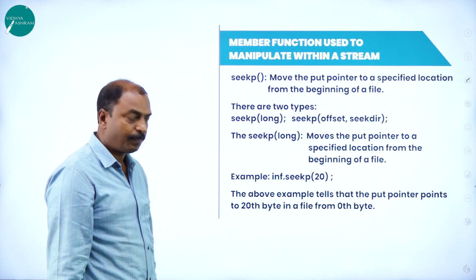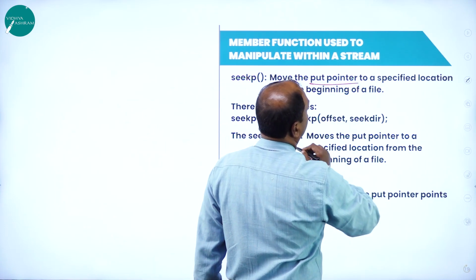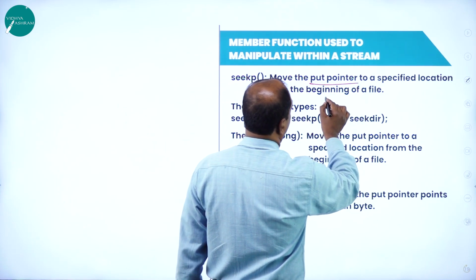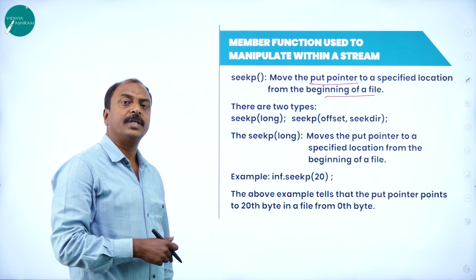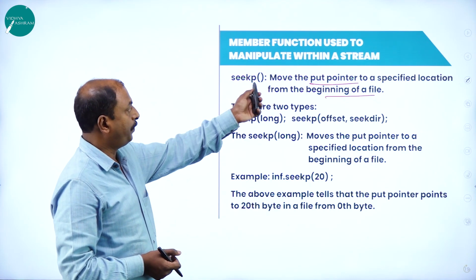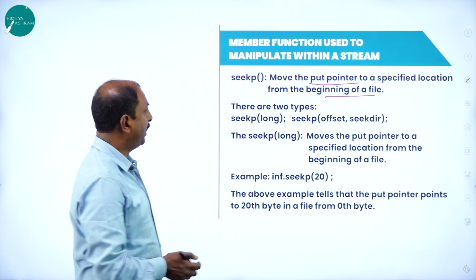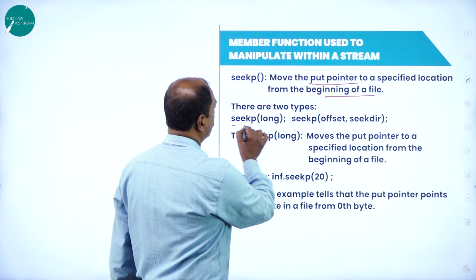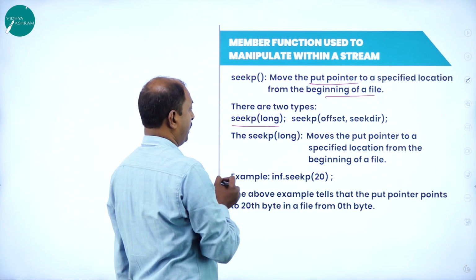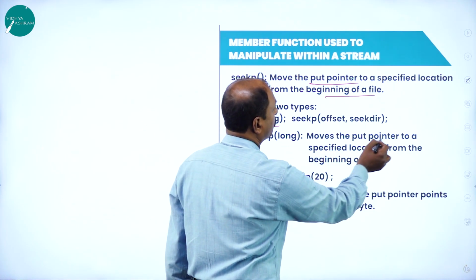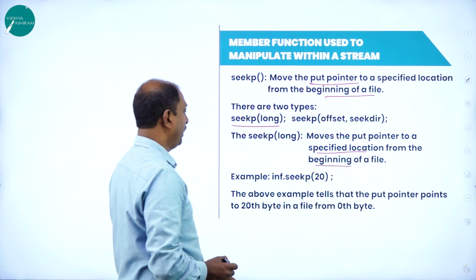Next one is the seekp function. It moves the put pointer to a specified location from the beginning of a file. While seekg moves the get pointer, seekp moves the put pointer to the specified location. Again, there are two syntaxes, two methods: seekp(long) and seekp(offset, seekdir). seekp(long) moves the put pointer to a specified location from the beginning of a file.